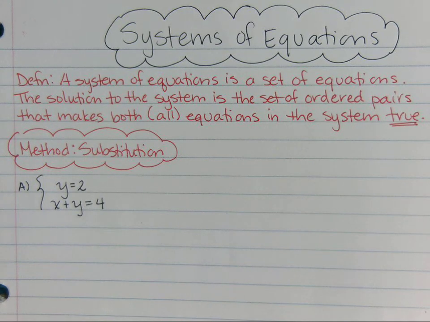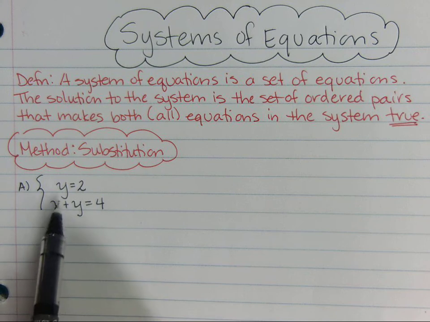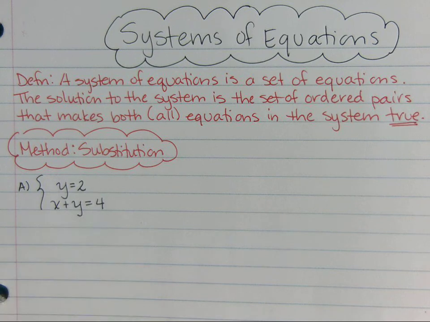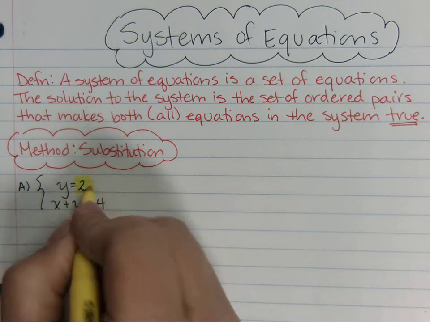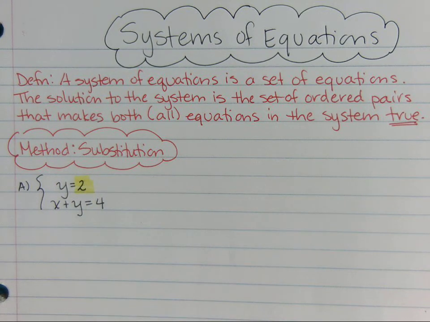Now when you're using the method of substitution, what you're trying to do is solve these equations, what x and y will make them true, but you want to focus your attention on trying to find where one of the equations is already what we call solved for one of the variables.